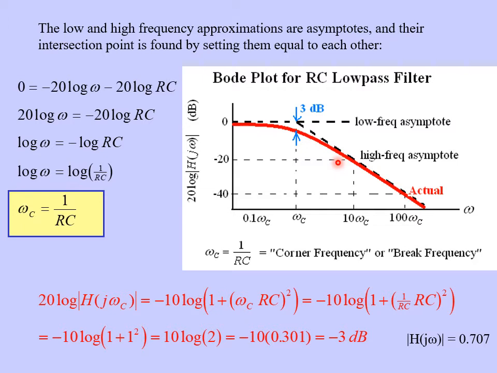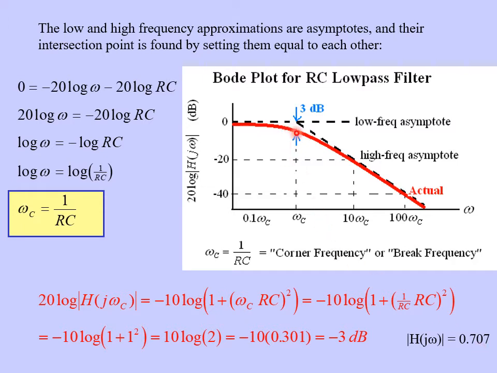By the way, remember that the corner corresponds to 1 over RC, but it also corresponds to a magnitude of frequency response equal to 0.707, which is 1 over square root of 2.